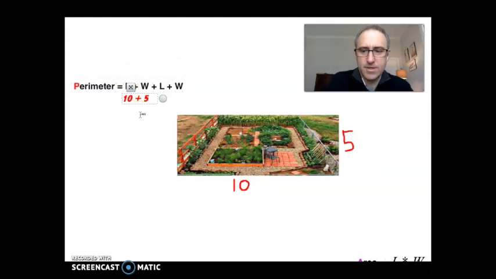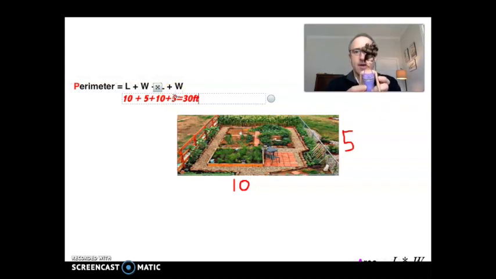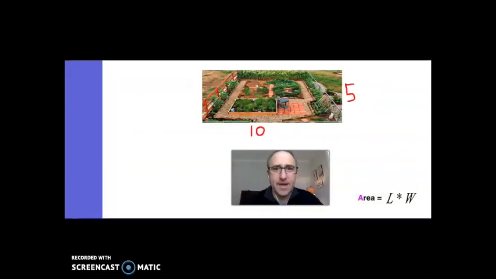So we take 10 plus 5 plus 10 plus 5. And remember, in addition, the order doesn't matter. We could just do 10 plus 10 plus 5 plus 5. But when we add those together, we get 20, 25, 30, 30 feet in perimeter. That's the distance of fence, length of fence, that Barbie would have to use to build her fence around her garden.